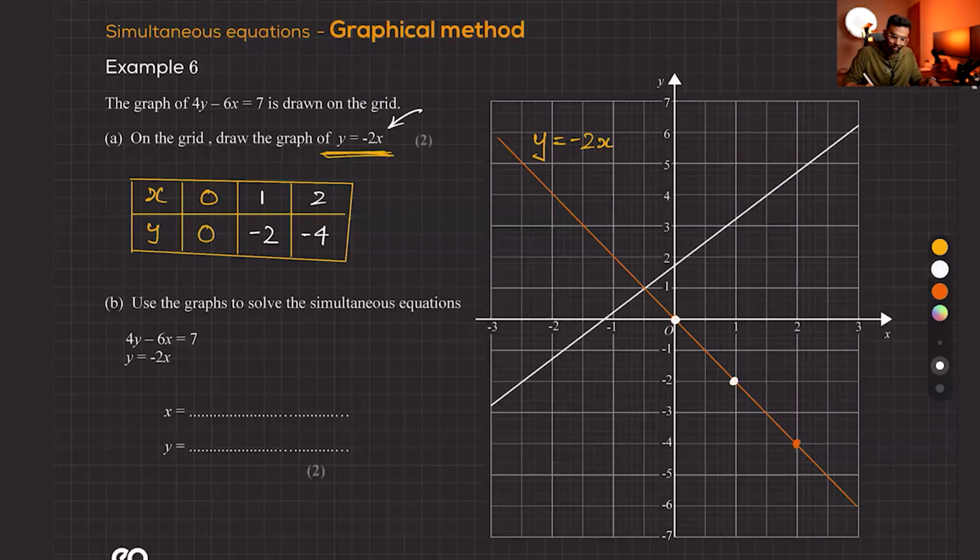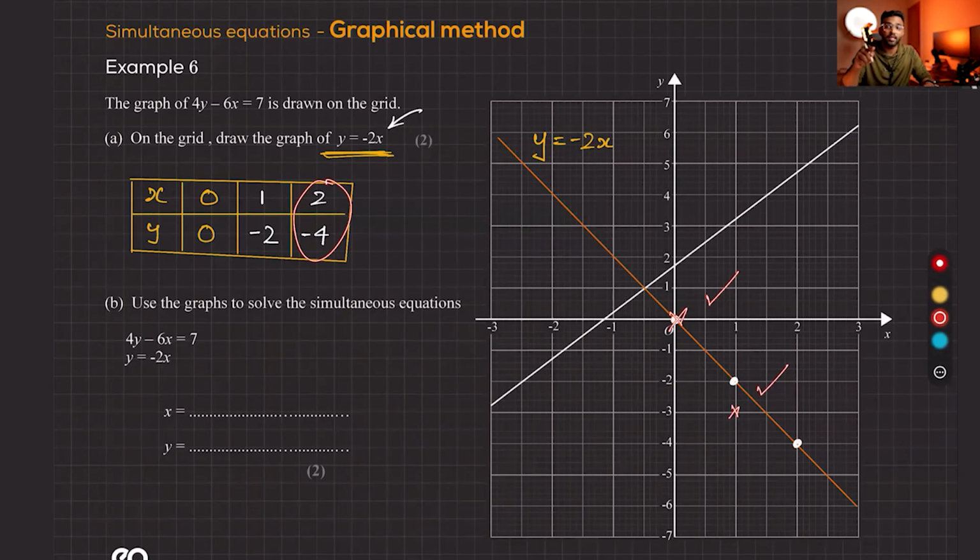So these 3 points which we plotted. Why are we going for 3 points? Why not 2 points? Why should we draw 3 points all the time? Accuracy. Do you know why? Because what if one of your points was wrong? Let's say one of your points was correct, another point you drew wrong here.